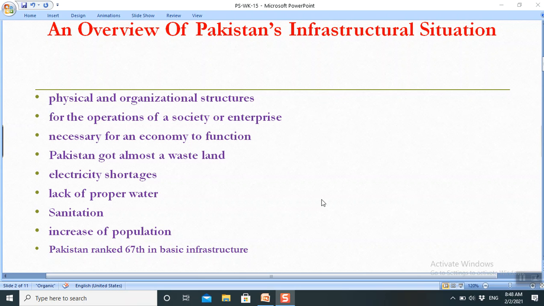Well, now in 1947, at the precise moment of partition, Pakistan inherited very poor infrastructure development. Number one, as I explained, the area which Pakistan comprised was already quite less educated.